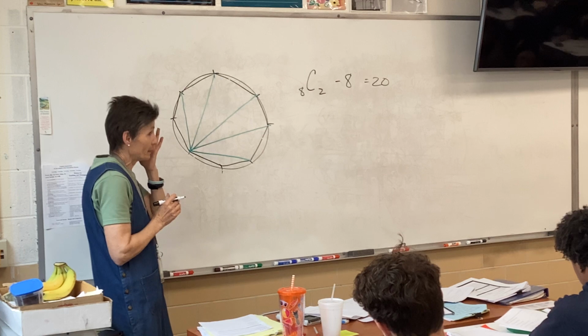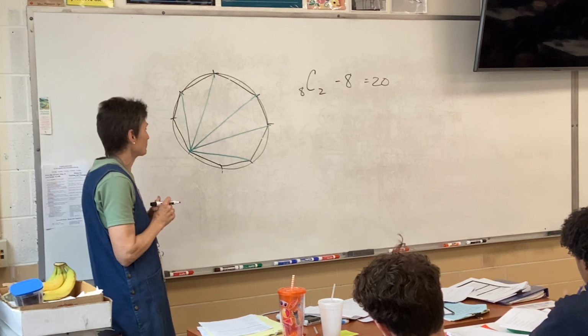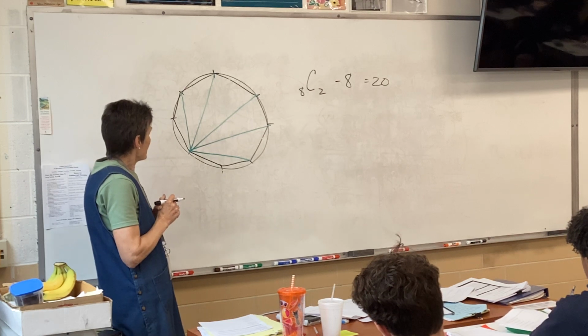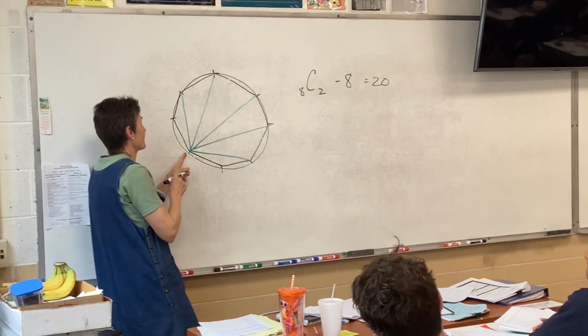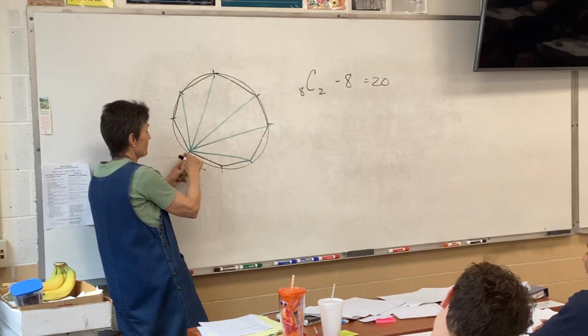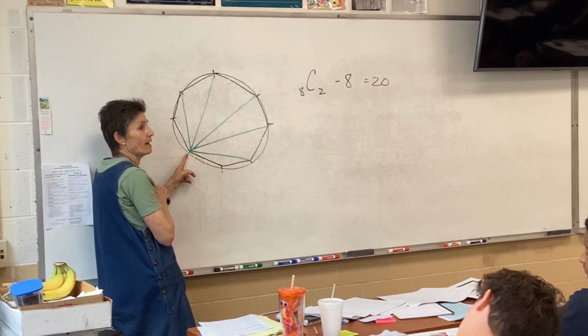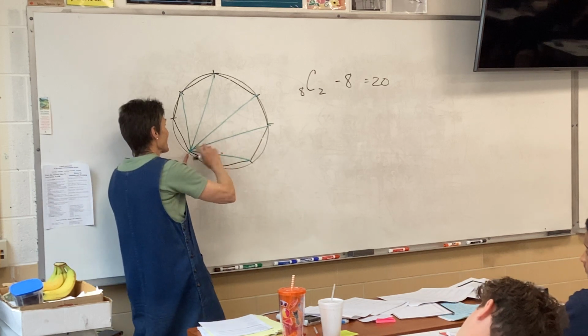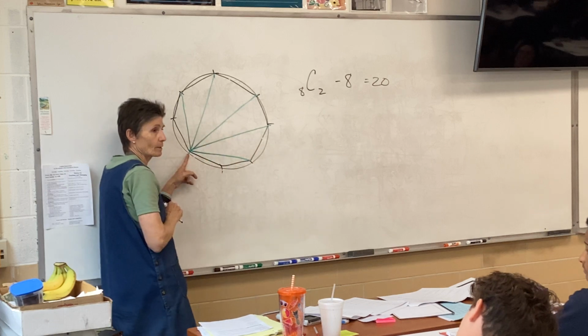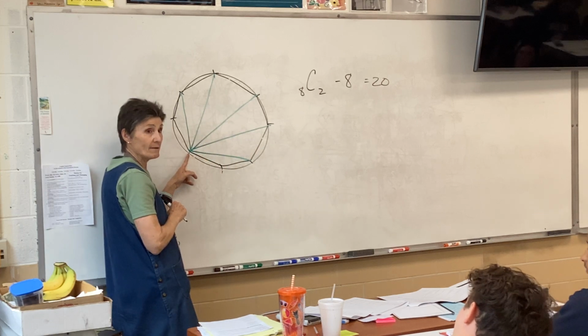Now, we could probably logic this out. From every vertex, okay, I've drawn the diagonals from this vertex. From every vertex, there can be how many diagonals drawn? 5.